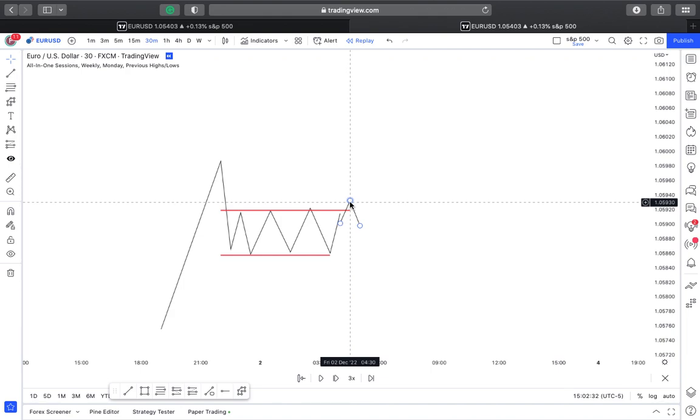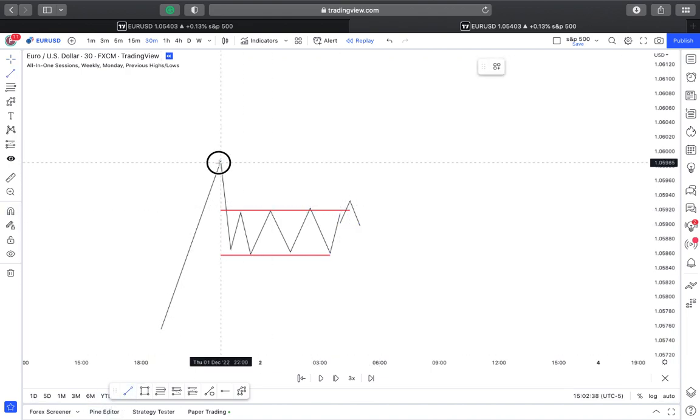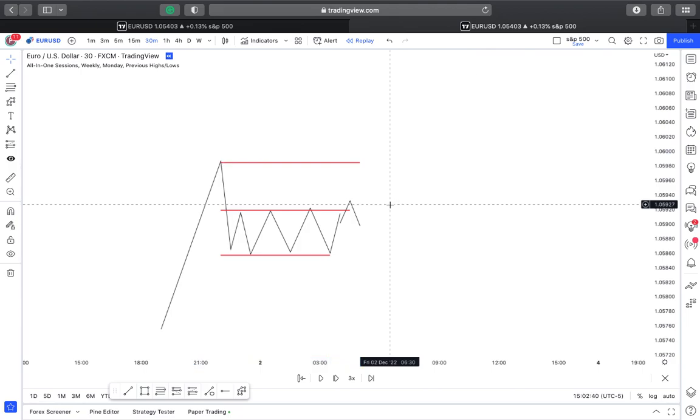So after this raid and these highs being unswept, let's say you are in this scenario where you have a previous day high just above the Asian session high.